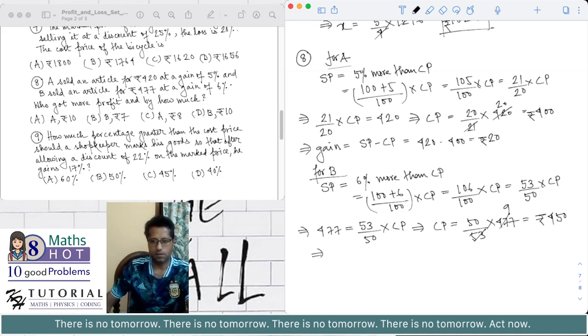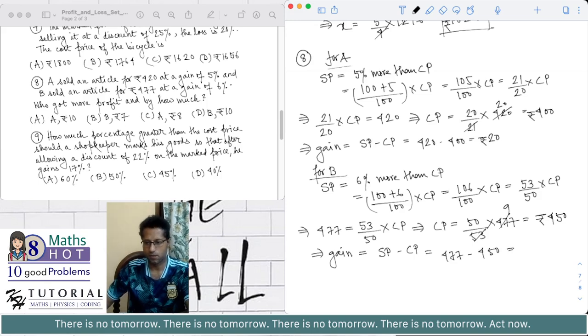So this implies again the gain is equal to SP minus CP, which is the selling price for B, 477, minus the cost price, 450. This is equal to 27. So the gain of B is rupees 27 and the gain of A is rupees 20.